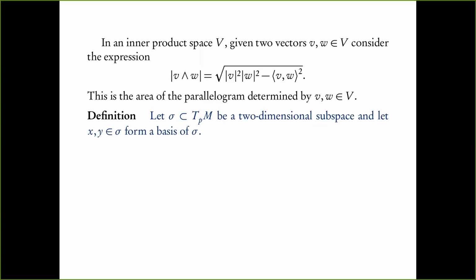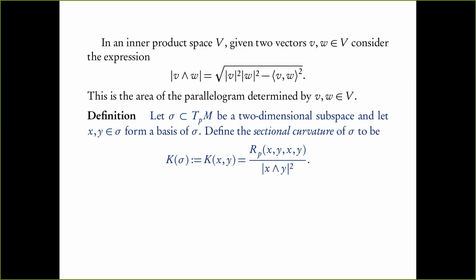Now you define the sectional curvature of the two-plane. This is a notion associated to a two-plane inside the tangent space of a point. So strictly speaking, this K of sigma should ideally be expressed as K_{p,sigma}. This is the sectional curvature of the two-plane contained in T_pM, and I'm defining it to be this quantity K(x,y). K(x,y) is by definition the Riemann curvature tensor R(x,y).